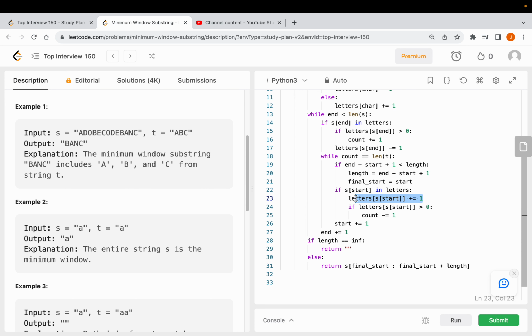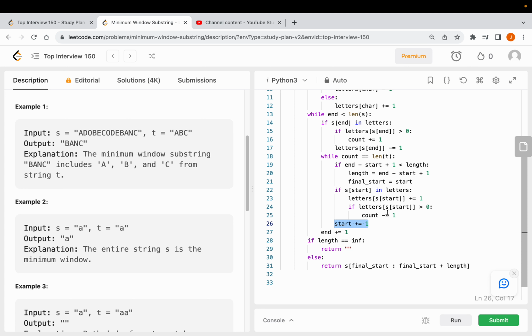So after this increment, it is not necessarily a positive number, because it might have been negative, and it can still be negative. So that explains this part, which I found to be tricky to understand. Now after this, what we have done is we remove the starting character from this valid window. So start is now moved 1 index to the right.